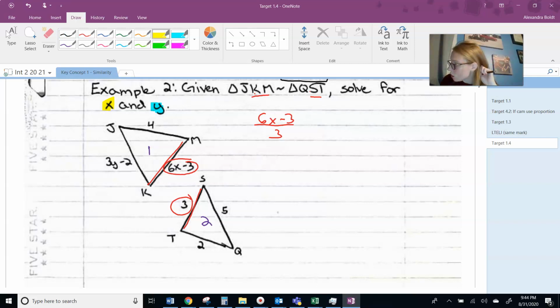So now I need to choose another side to make a proportion. Well, I could choose 3y minus 2, but that would just introduce another variable. I can't do y yet. So if I can't do anything with y, that means I have to choose this side that has a 4. Okay. I'm going to do 4, and that's JM.